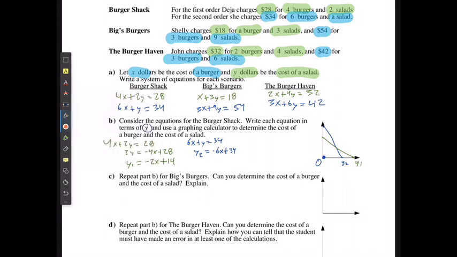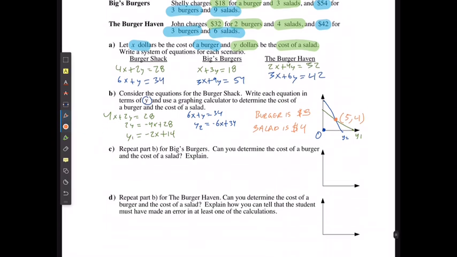When I solve for where they intersect, I'm going to see that they intersect at the point (5, 4), which means that given this situation, a burger is $5 and a salad is $4.